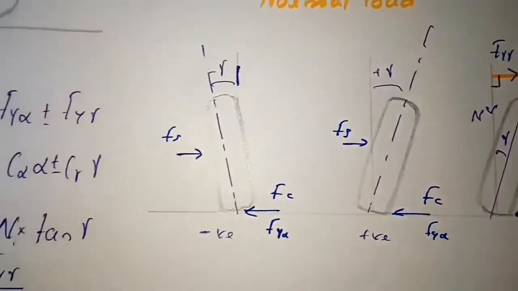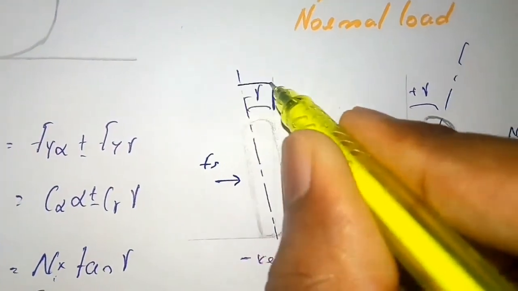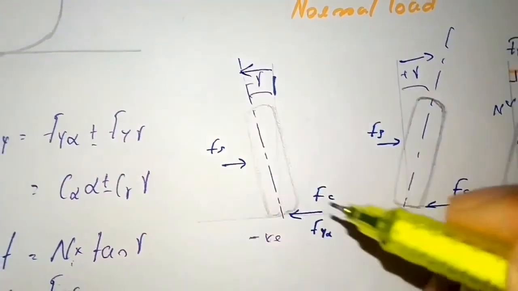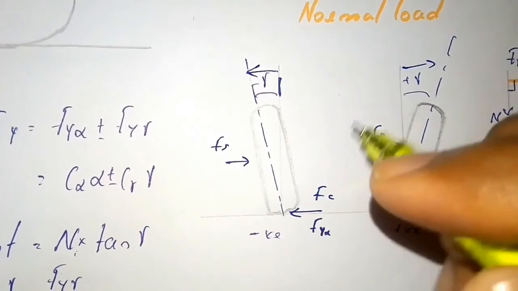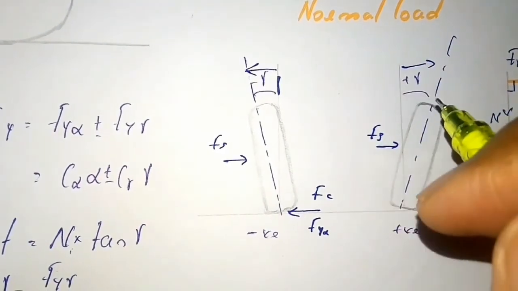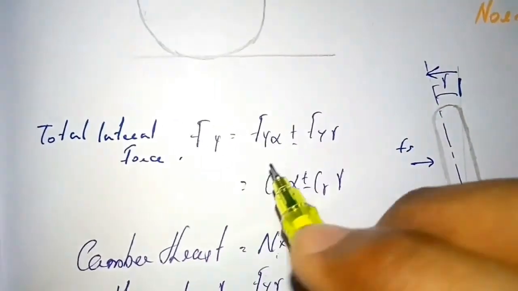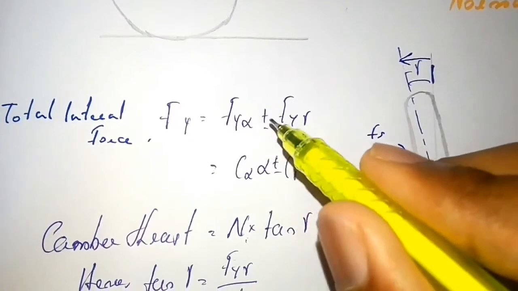For negative camber, when you draw the free body diagram, you can see that the camber thrust will be in the same direction as the cornering force, so the lateral force will be higher in negative camber. So the vehicle will have more cornering stability with negative camber. That's why Formula 1 cars have negative camber.